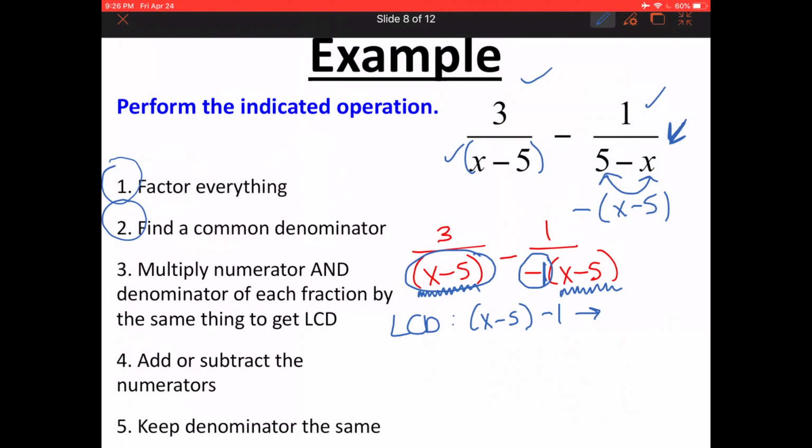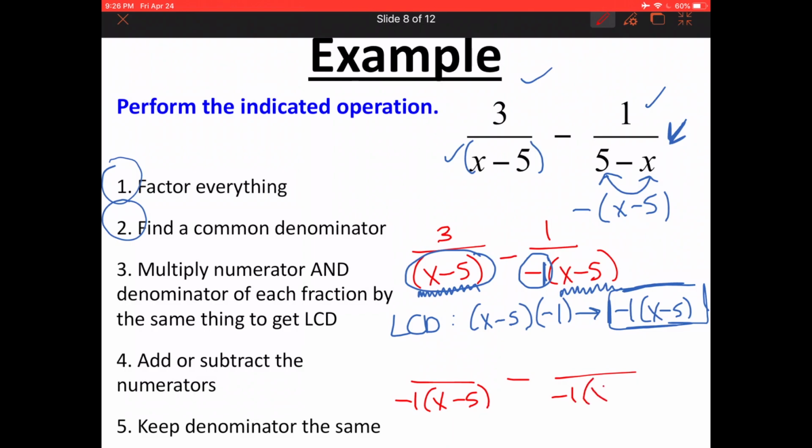So my final LCD, and remember these are being multiplied, my final LCD would be negative 1 times x minus 5. So here is my final LCD, which means that I want the bottom of both of my fractions to be negative 1 times x minus 5.